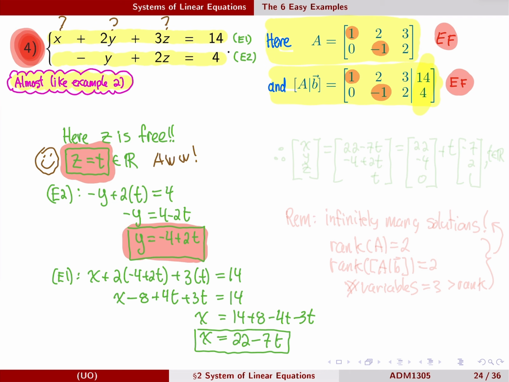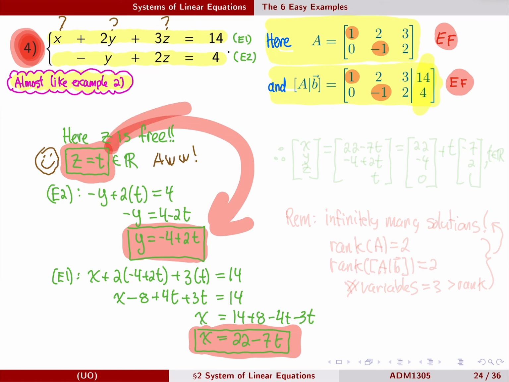Yay. So we have, again, an equation for x. So x and y are computed as a function of t. And again, here, if t is equal to 3, 22 minus 7 times 3, that's 22 minus 21, we get back the 1.